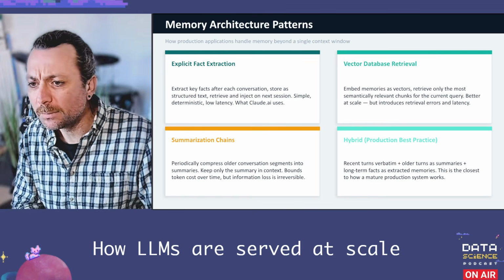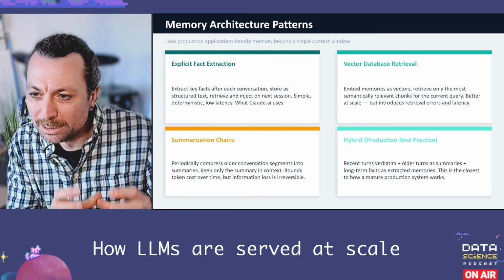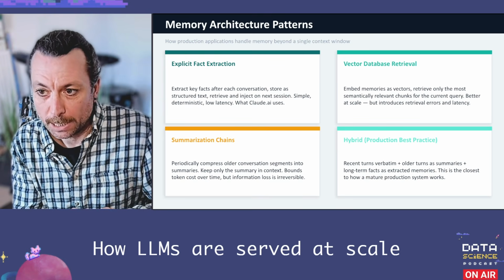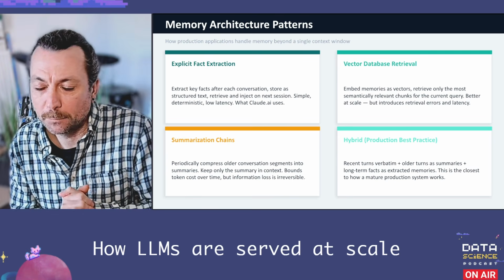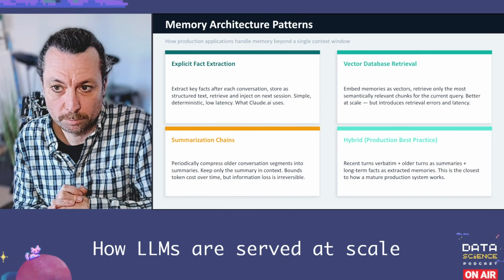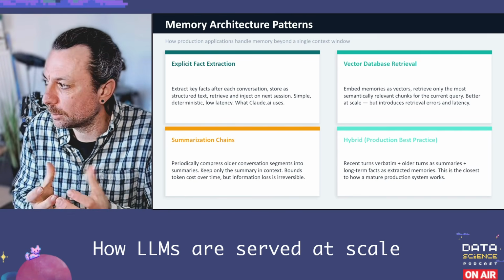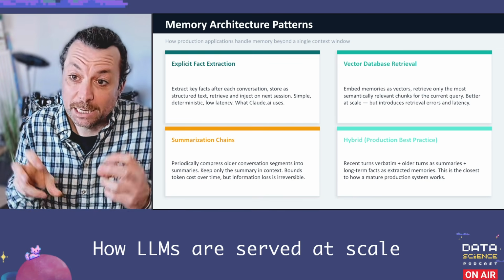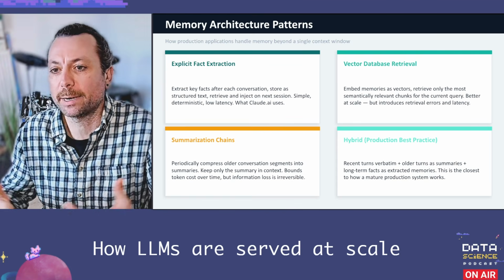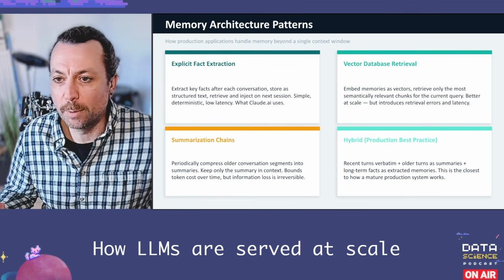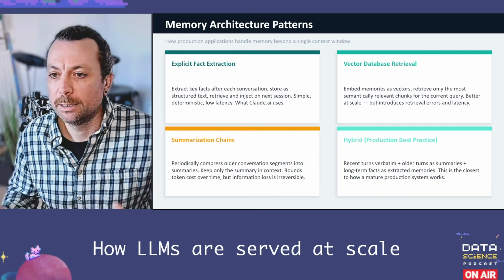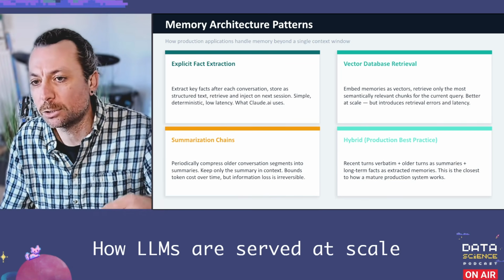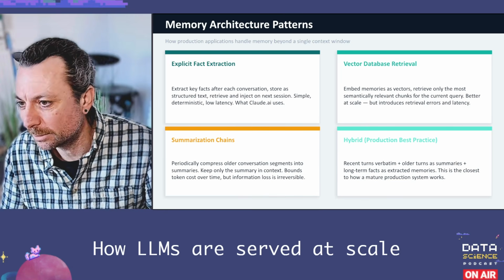Now, you keep only the summary in the context, and of course, information loss is irreversible. Now, a good system is one that compresses the things that are less relevant to the conversation, because if you compress everything too much, you lose too much, and then that injection becomes kind of irrelevant.